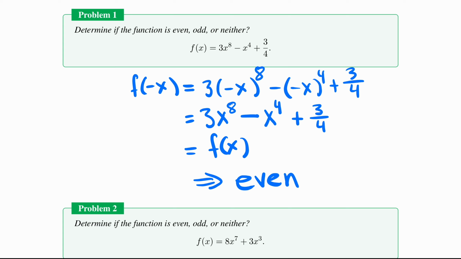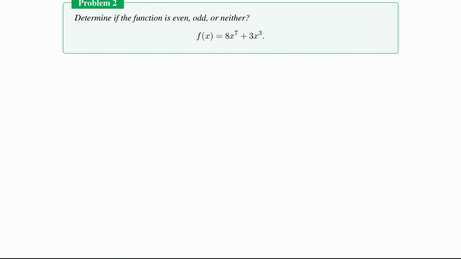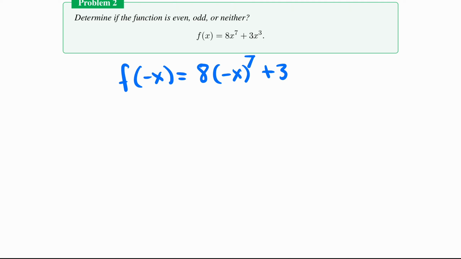Let's do another example. Same question, but now we have a different function. We're always going to start off the same way: plug in the negative x. Let's do it. So I have 8 parentheses negative x to the 7 plus 3 parentheses negative x to the 3. Let's simplify. We have an 8 and we are raising negative x to the 7, and because that is an odd power, the negative is going to come on the outside.